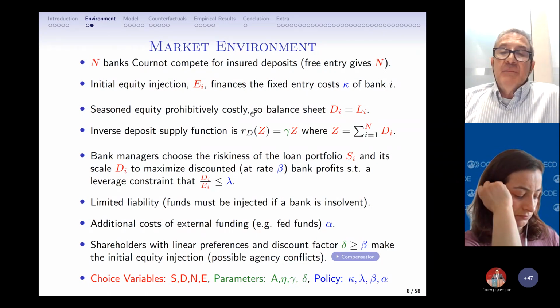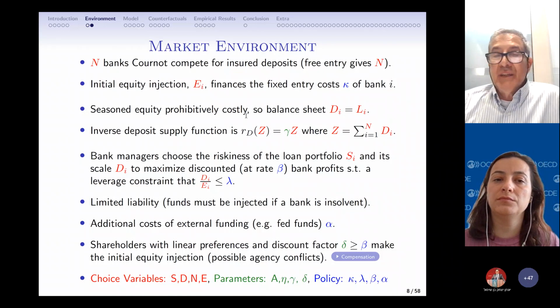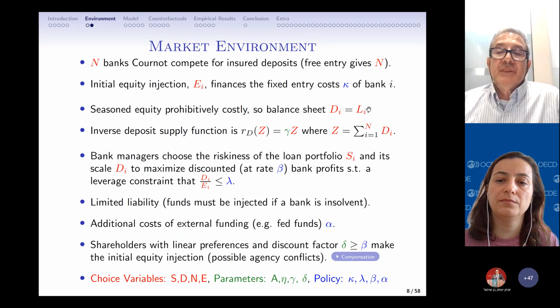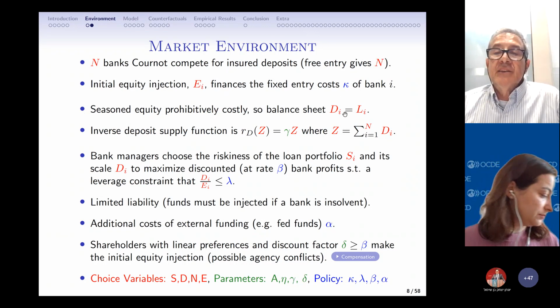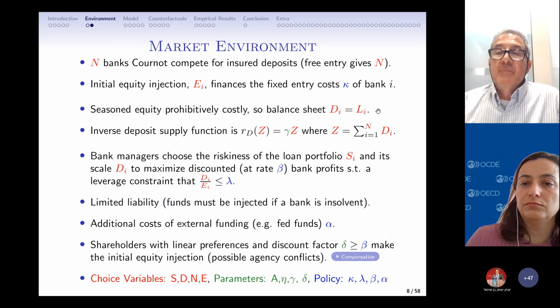Then, just to keep things simple, we're going to say that seasoned equity is prohibitively costly. That makes our balance sheet really simple: the deposits taken in are equal to the loans sent out by the bank.